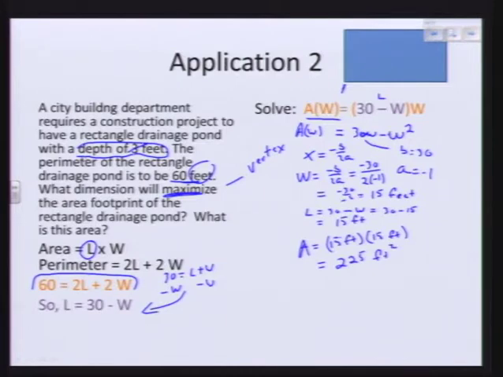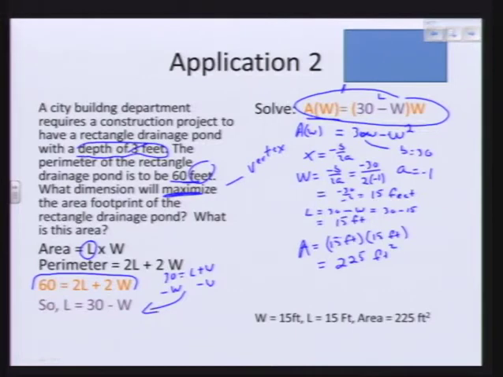All right, so again, we could have gone back up to our function and plugged in just w equal to 15 into our function. We could have gotten that maximum area as well. Or we could have gone back to the area formula as I did here. And so what we see, in conclusion, is that in this construction project, besides digging this rectangular drainage pond down 3 feet, they have to have something that's 15 feet wide by 15 feet across, so a nice square there.